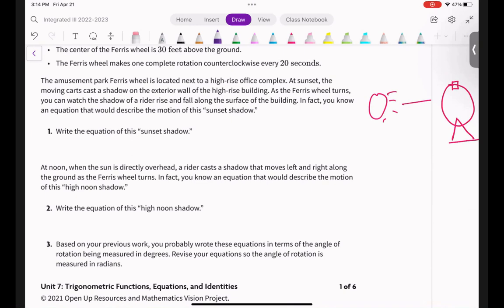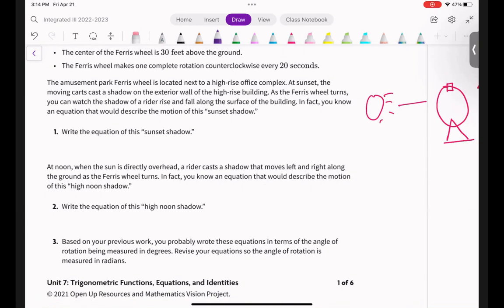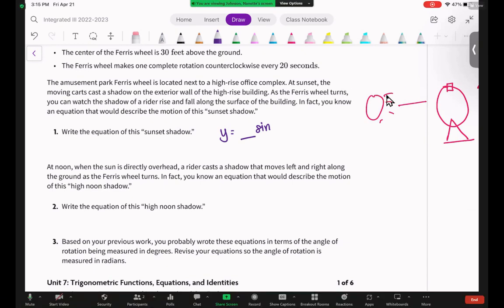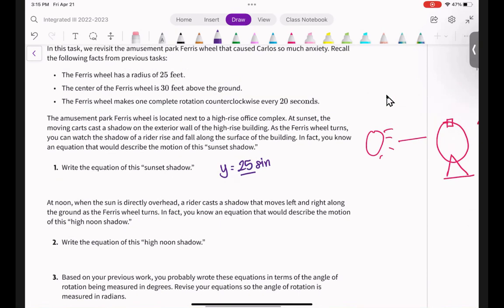So here we are going to write the equation y is equal to, and then we're going to write a sine equation. If you remember what number goes here, it's the amplitude number. So it's how high above and below it goes, right? So this is going to be 25 because that's the radius of our Ferris wheel. And then we have sine, and then we also have our plus 30, because that's how high the center is off of the ground, right?